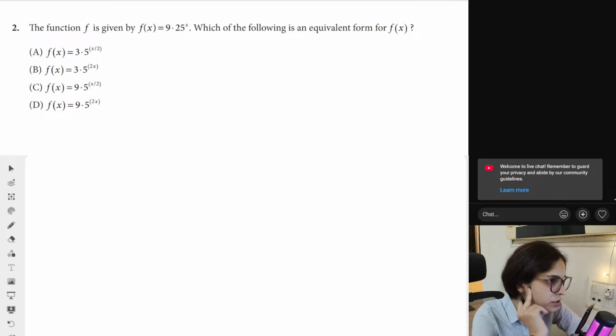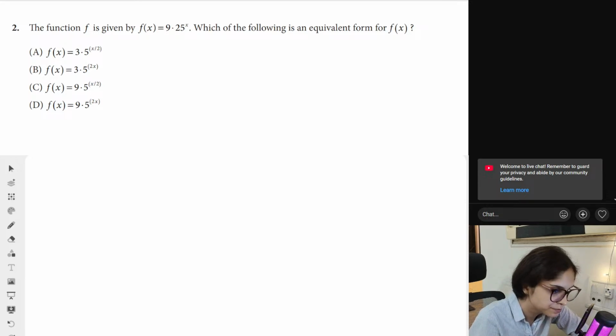So the second question is, the function f is given by f of x is equal to 9 times 25 to the power x. Which of the following is an equivalent form for f of x? You can see they have written 5. So 25 can be written as 5 squared. So you have 9 times 25 to the power x.